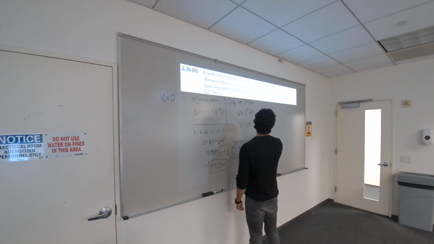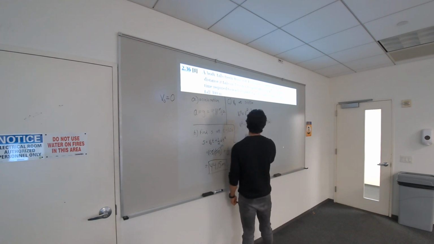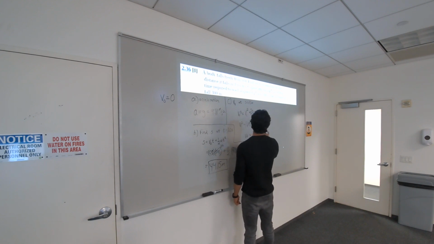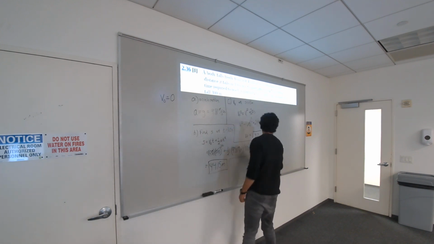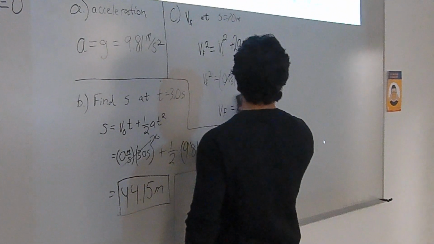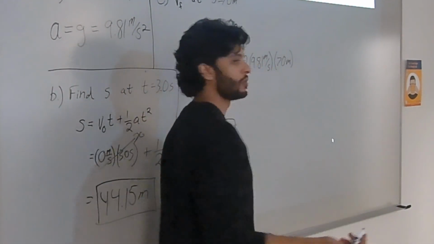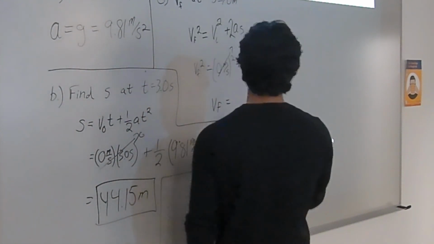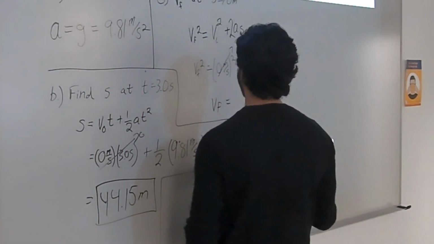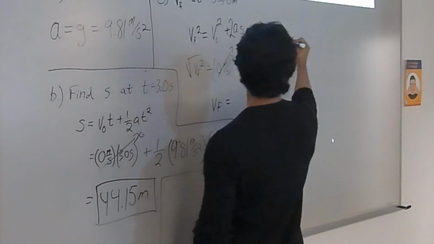Can somebody tell me what they got for that? Before square rooting, 37 squared, I got 1.37 times 10 to the third. Yes, 1,373. We're gonna square root it.